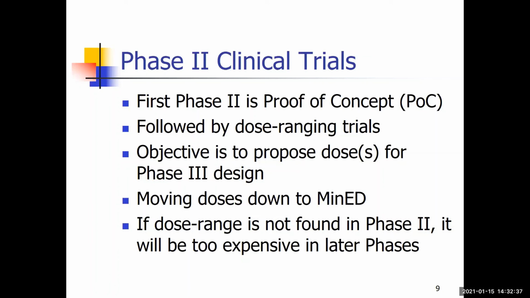So we need to have some understanding about drug pricing and drug marketing, all right? Now, in most countries, the drug price is linear to dose. In other words, if 100 milligrams is $1, 200 milligrams is $2, 300 milligrams is $3.